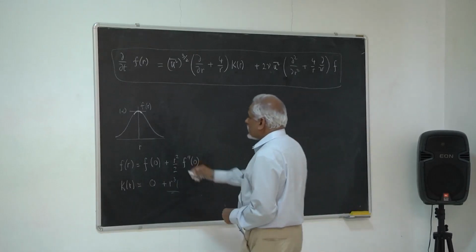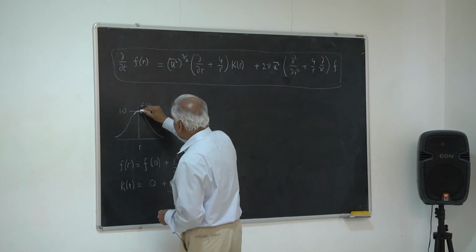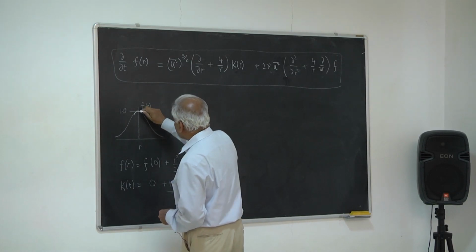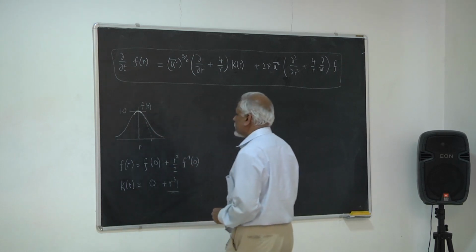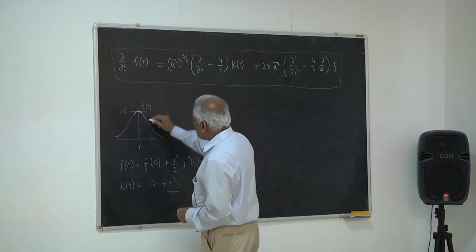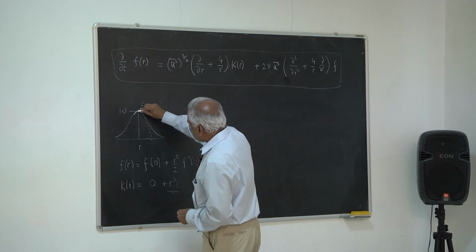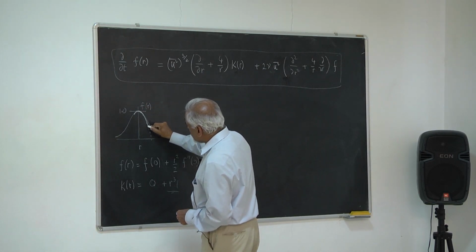Now, let's look at this f of r. Let's fit a parabola here, like that. That parabola will follow this f for a short distance, and then of course peel up from there.